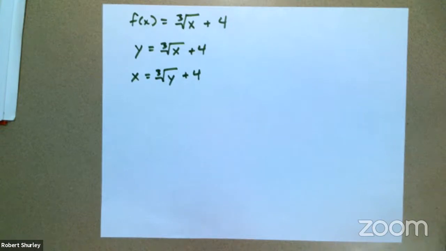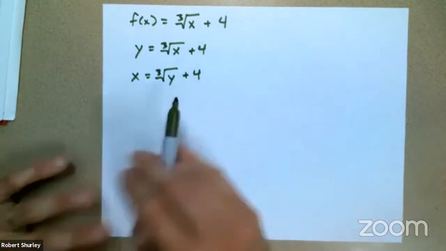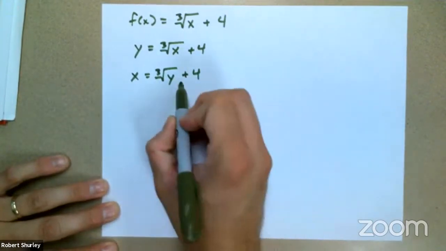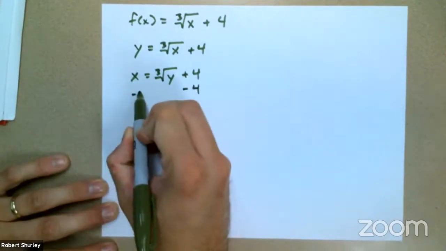Now step 3 says solve for y. If the equation does not define y as a function of x, the function f does not have an inverse function, and this procedure ends. If this function does define y as a function of x, the function f has an inverse function. Okay, so let's see what that means. Let's solve for y. Let's start there, okay? So if I want to solve for y here, I'm going to subtract 4.